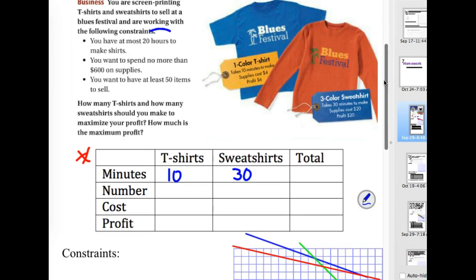Hours? 20 hours would be equivalent to how many minutes? Right? It says we have at most 20 hours. That means my total can't go over 1,200 minutes. Does that make sense? So I'm going to put less than or equal to 1,200 here.